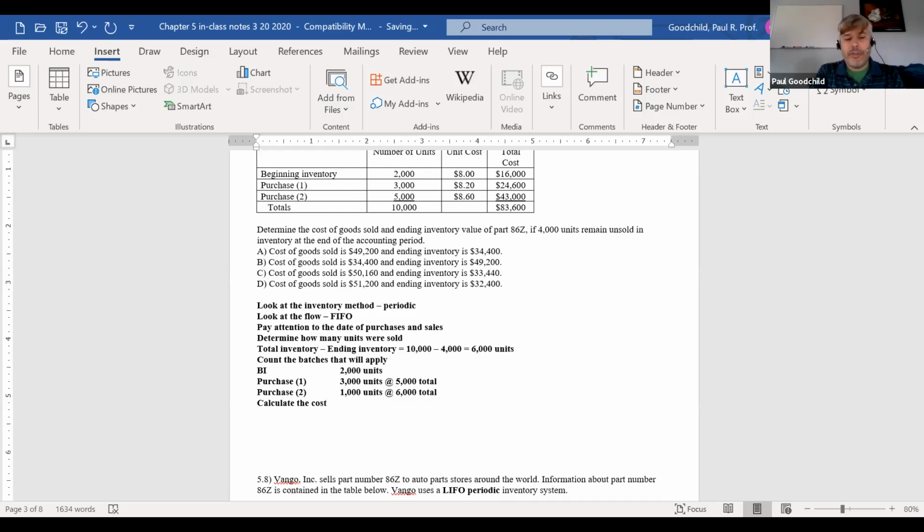So I'm just going to take the 2,000, multiply it by its cost, 8.0. You can see up there that the total is 16,000. You wouldn't have to do this, but just so you know, in case it's not posted, 8.2. That's 24,600.